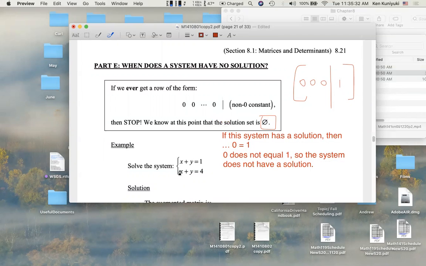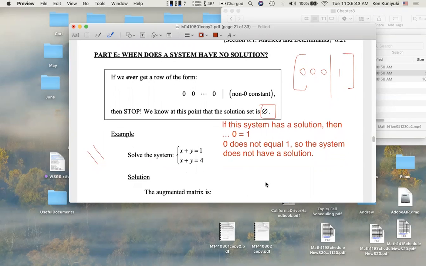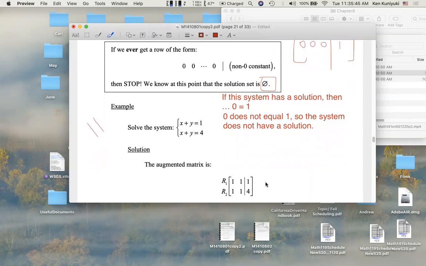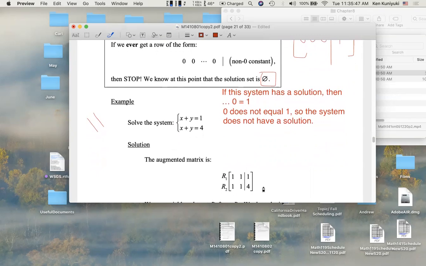So for example, let's solve this system. x plus y equals 1, x plus y equals 4. Well, for one thing, they correspond to a pair of parallel lines that aren't the same. But if you do it with matrices, if you try to apply GEBS, here's the augmented matrix. Now, I know that I keep emphasizing addition, but here, let's go ahead and subtract row 1 from row 2.